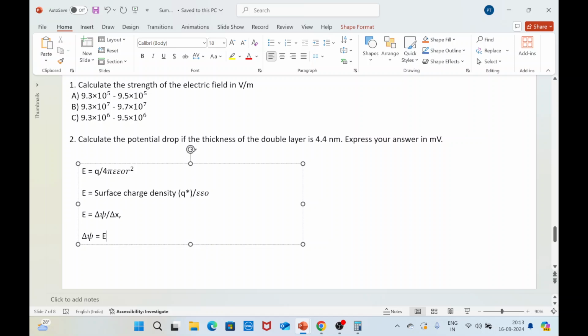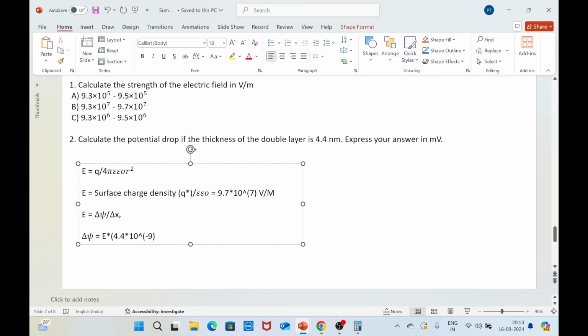Delta x is going to be the thickness of the double layer, that is 4.4 times 10 power minus 9 meters, and your E value is around 9.7 times 10 to the power 7 volt per meter.